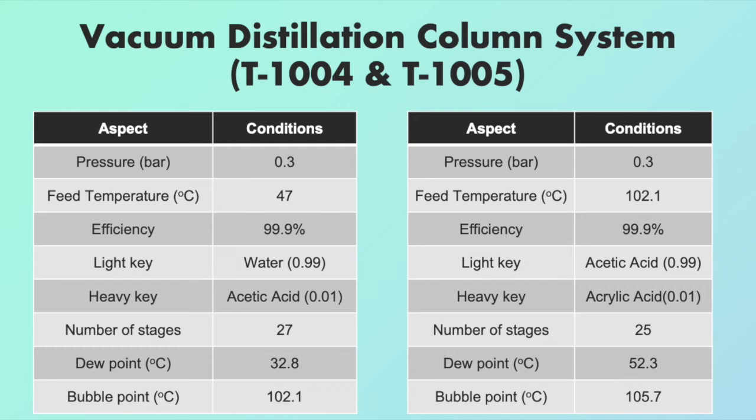In this distillation column, the light key is acetic acid and the heavy key is acrylic acid. The number of stages needed by T1005 is 25, with 52.3 degrees Celsius of dew point temperature and 105.7 degrees Celsius of bubble point temperature.